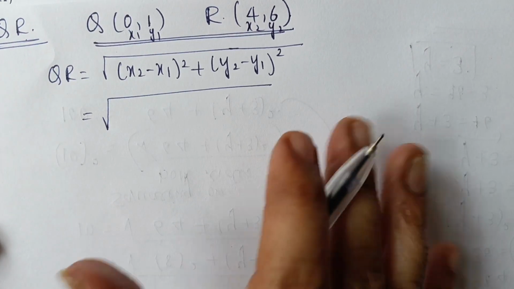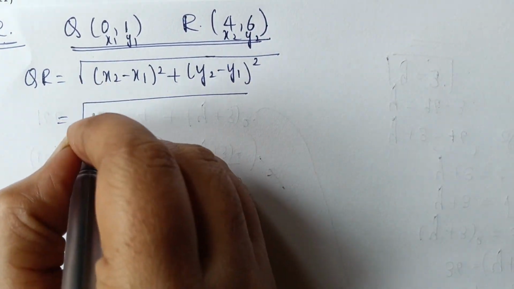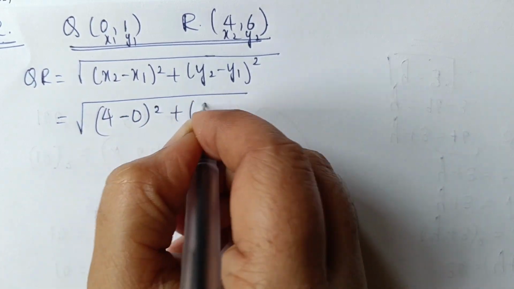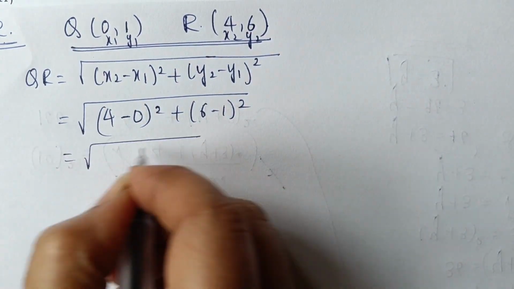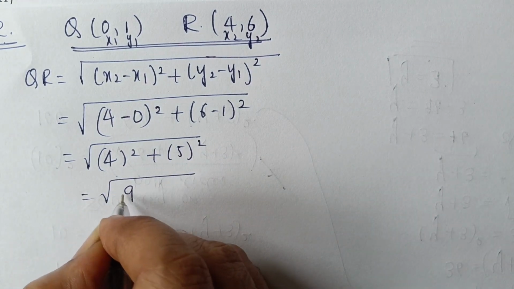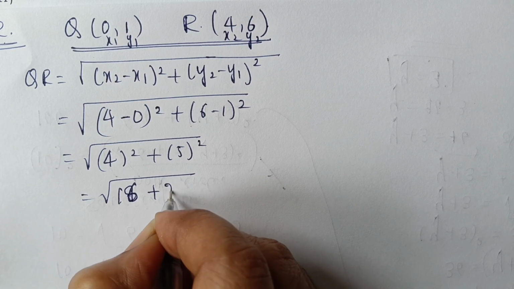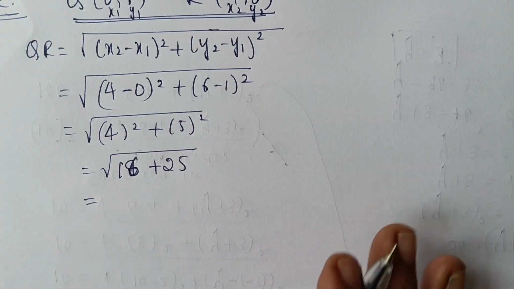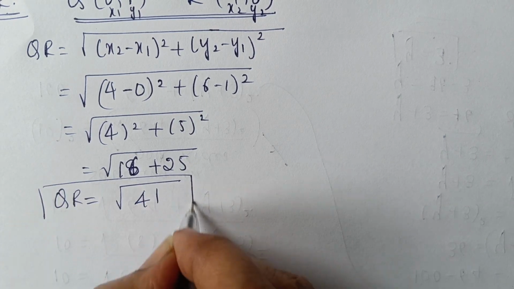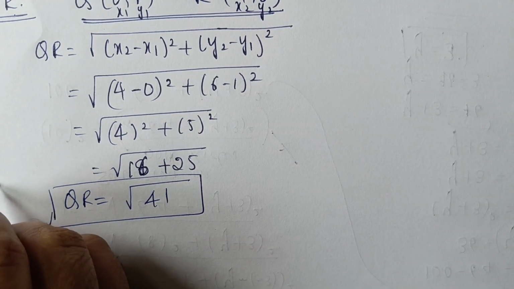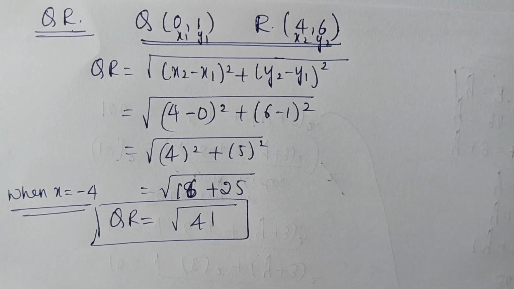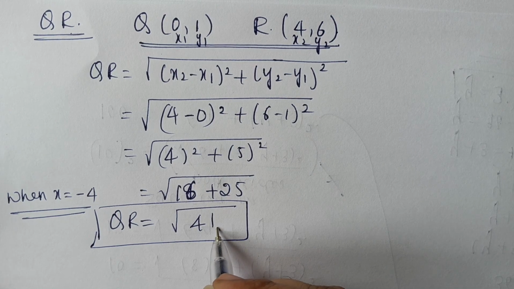Substituting the values, then what we have: (4 minus 0) whole square plus (6 minus 1) whole square, so 4 square plus 5 square, it is 16 plus 25, we get 41. That is QR when x is equal to 4.